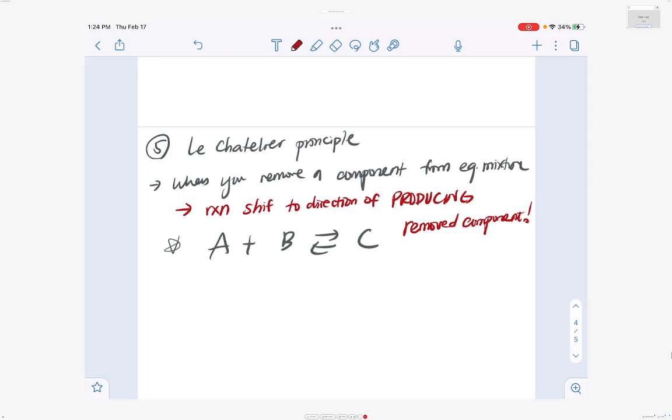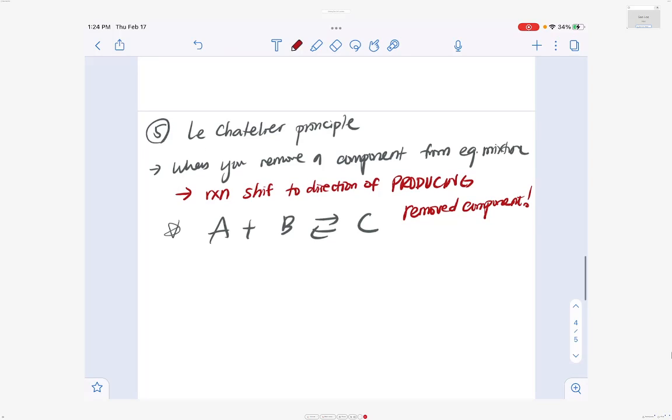And same thing for the opposite situation. When you add a component to the equilibrium mixture, the equilibrium system does not want that added component. So the direction of the reaction is going to shift to a direction where it can use up the added component. Okay.